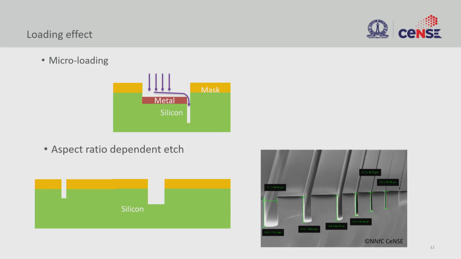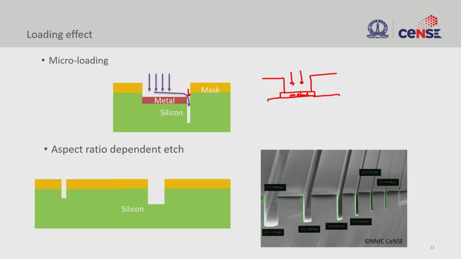So there are two types of local loading. One is really micro loading, where you have an opening. Ideally this should have been like this: you have a metal, you want to etch, and then you land on metal. But what happened here is there was a misalignment. The misalignment has given a small opening that exposed the silicon.